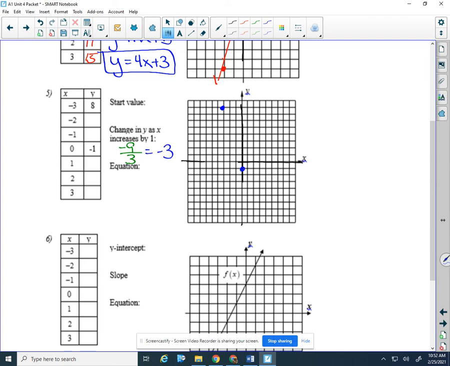So watch what I'm going to do over here. 8 minus 3 is 5, minus 3, minus 3, minus 3, minus 3. I just kept subtracting 3. Hopefully I did that correctly.